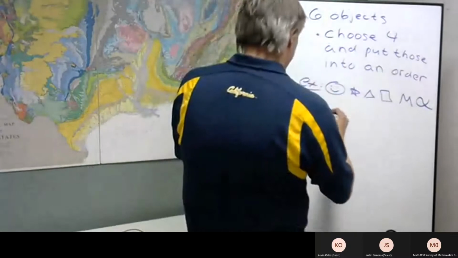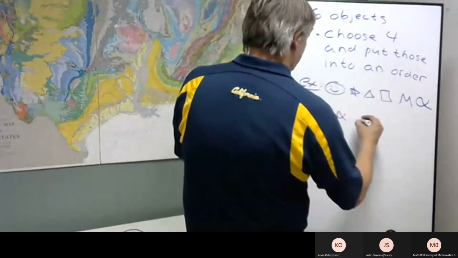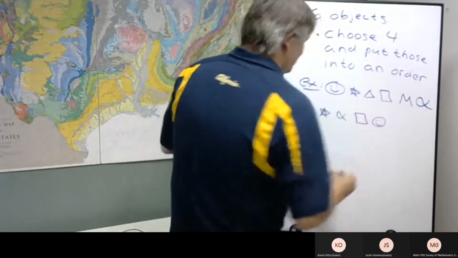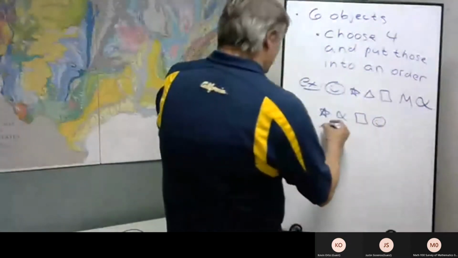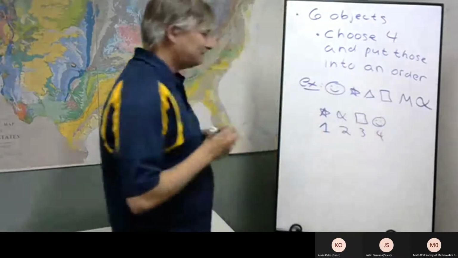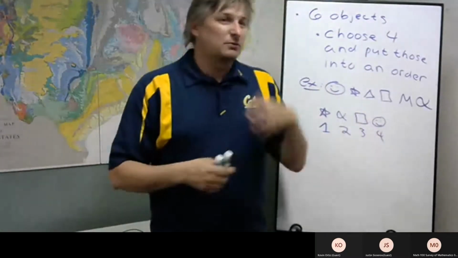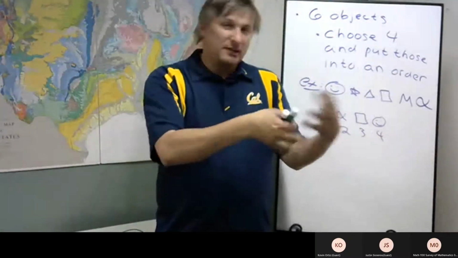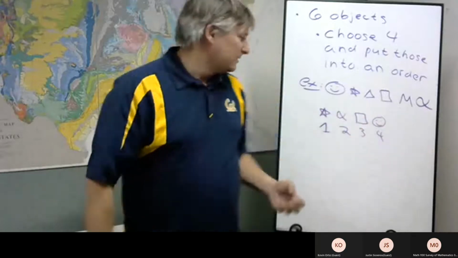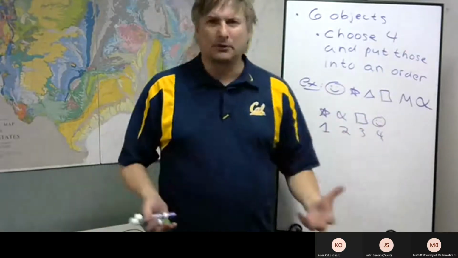So we'll take a star, alpha, square, and a smiley face. And we place them in some kind of order: 1, 2, 3, and 4. So that's what we're doing. We're reaching into this collection of 6 objects, pulling 4 out, and then giving them some sort of an order.